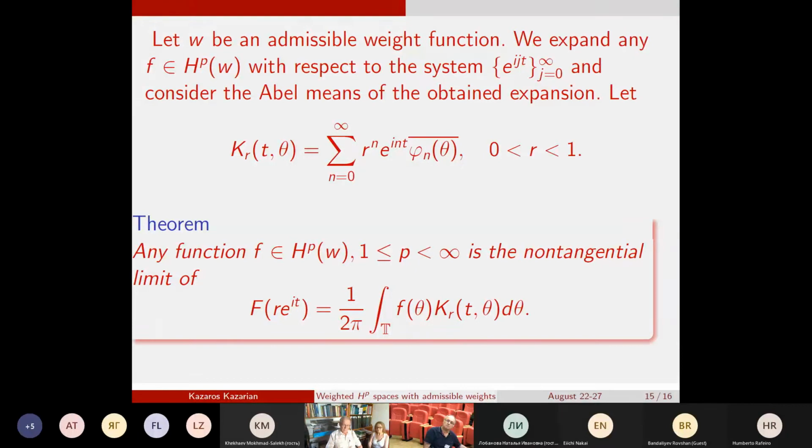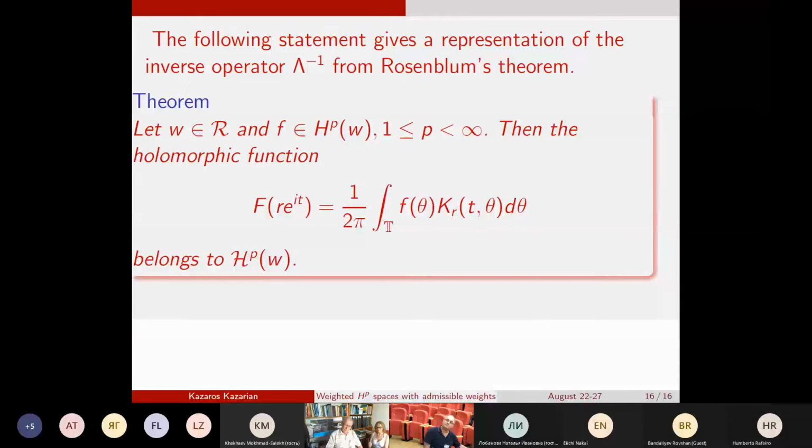And this is true for any admissible weight. So here you don't need to have that the weight function belongs to the Rosenblum class. Okay, for any admissible weight function, you have this representation. Here the convergence is non-tangential almost everywhere. Okay, and this will give the operator lambda that Rosenblum speaks of, in a precise form.